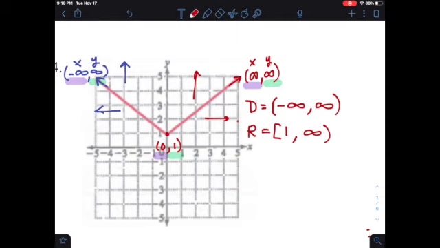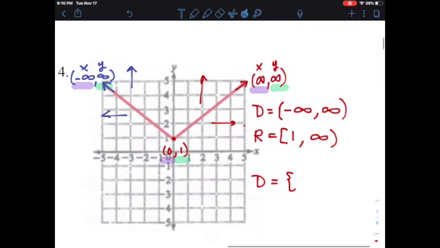Now then, what we're going to do is do it in set notation. If you do it in set notation, domain is going to equal all real numbers, or you can say it like this: all real numbers, an R with a slash through it.